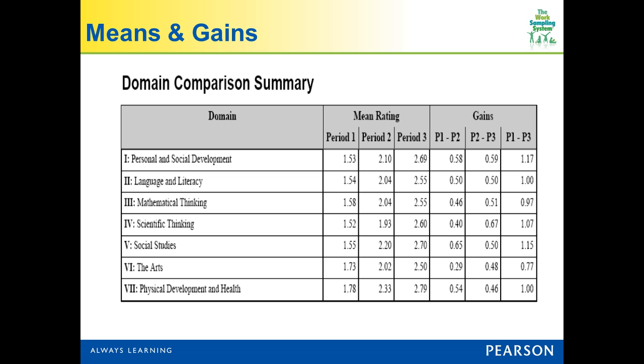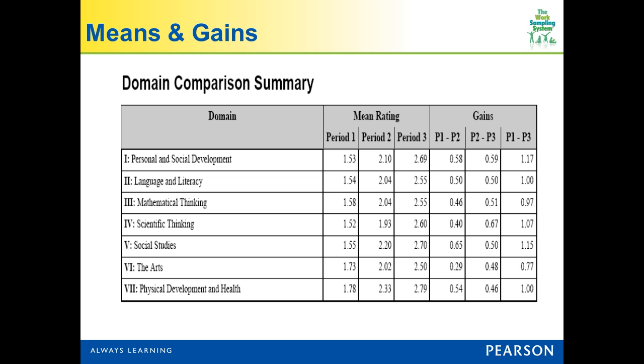So one of the things you can do with the gains is you can quickly look from top to bottom to identify the domain that had the greatest gains. In this case, it was social studies. So we have some information about that. We can also identify those domains that had the least gains and may want to investigate a little bit to see what was going on. Here we can see in this class anyway, it was the arts that had the fewest gains.